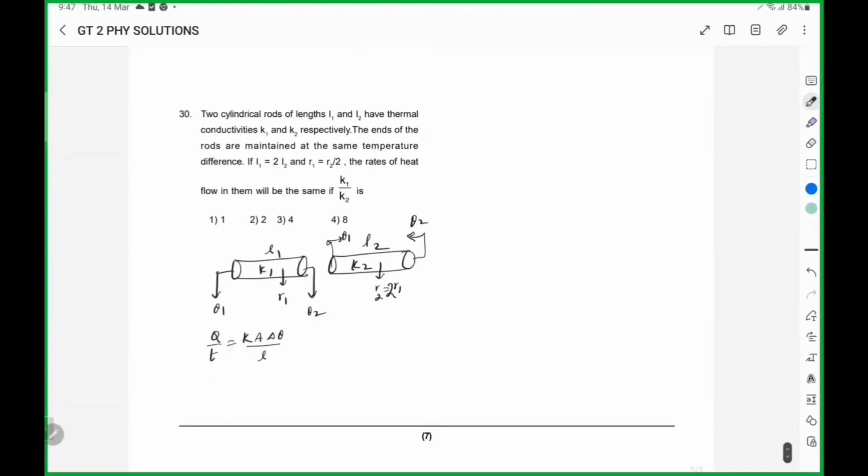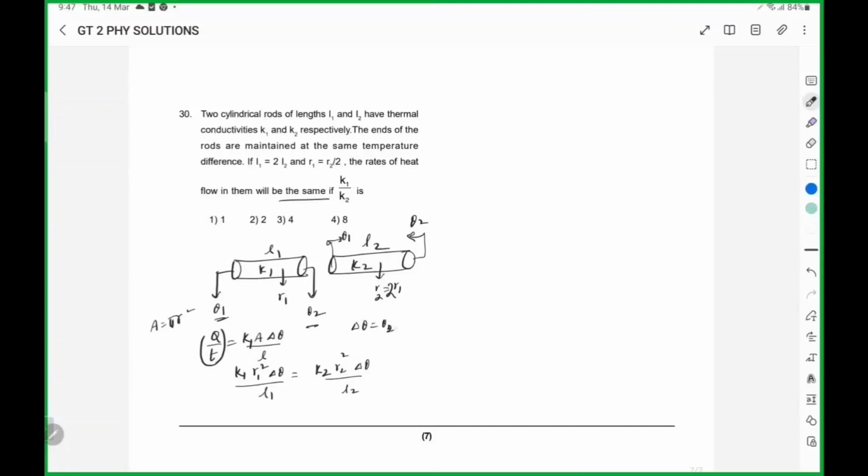Now the rate of heat flow means Q by T. The rate of heat flow will be the same. So K1 A, where the cross-sectional area is pi R1 square, delta theta by L1 equals K2 R2 square delta theta by L2, because both are maintained at the same temperature.